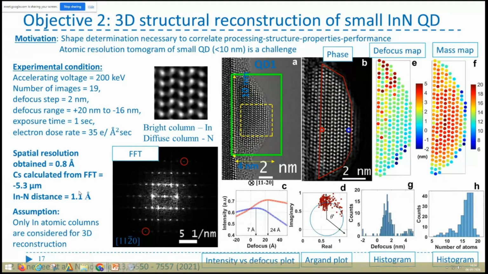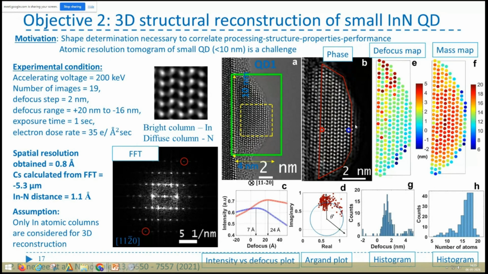But we focused on indium nitride because we need the focus corrected column wave, and we can take the peak point of each atomic column. But for nitrogen, it's not possible because it's a diffuse structure. So we focus on indium. Here we got a spatial resolution of 0.8 angstrom.